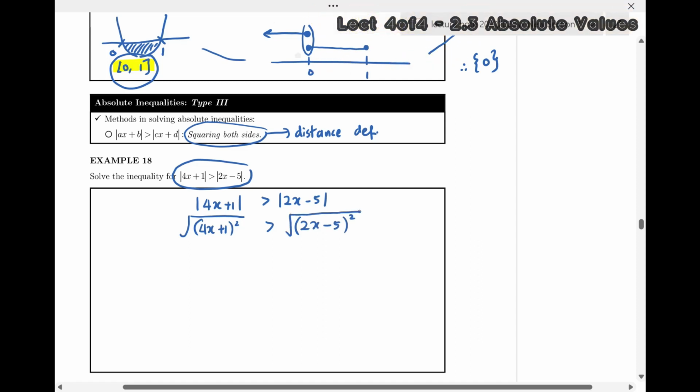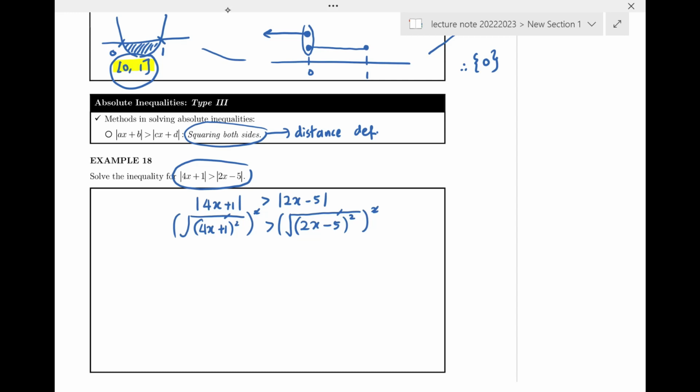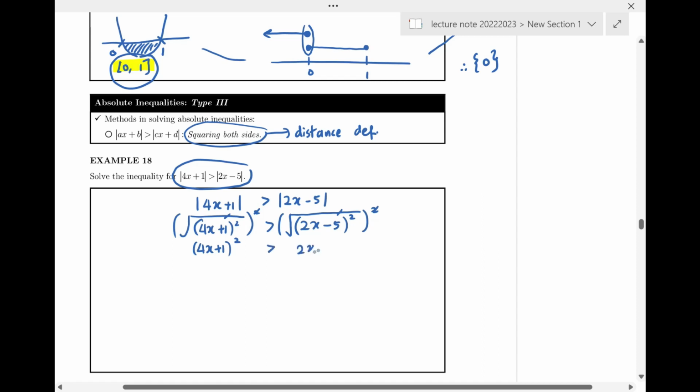In order to cancel off the surds, we have to square both sides of the inequalities. Then only we can cancel off the surds. We are left only with 4x plus 1 squared greater than 2x minus 5 squared.